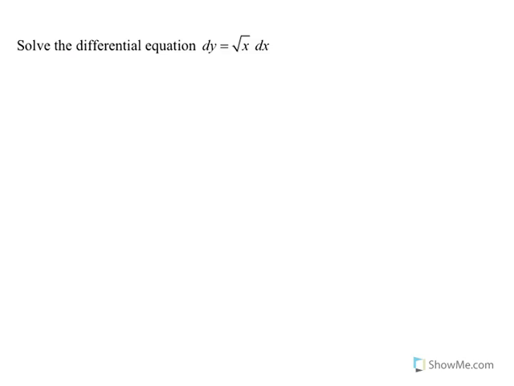And here's another one. Solve this differential. Let's rewrite our square root as a power. And they already have the dy on one side and the dx on the other side, so we can just go ahead and take the antiderivative of both sides. So the antiderivative of dy brings it back to the original function y.